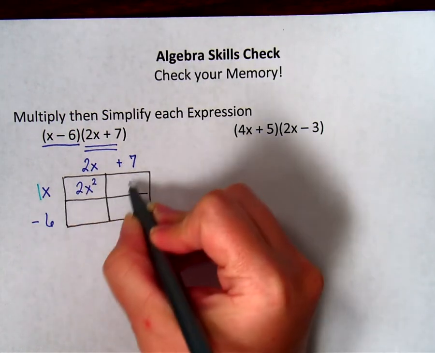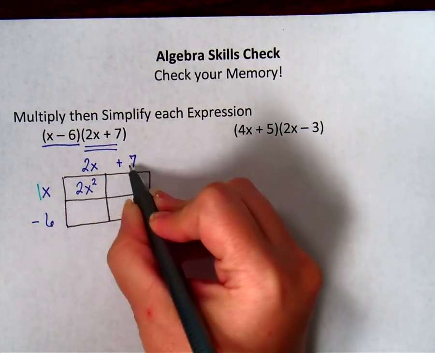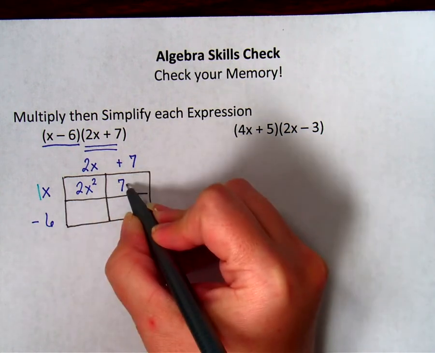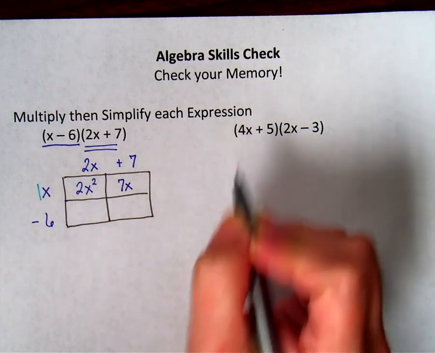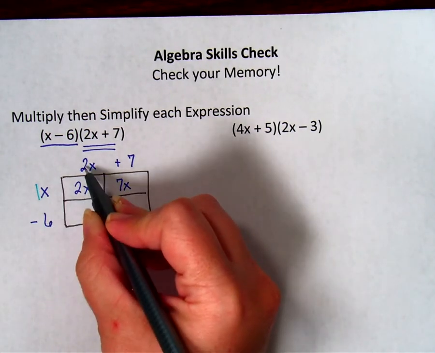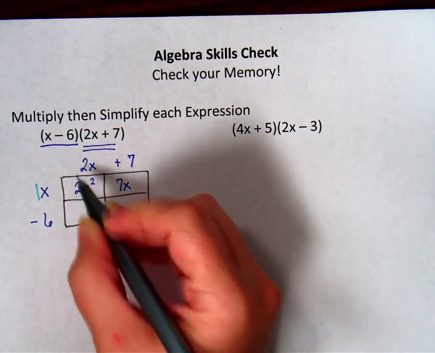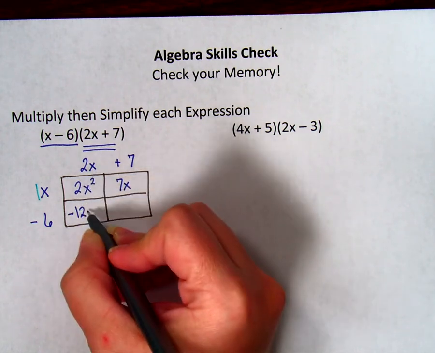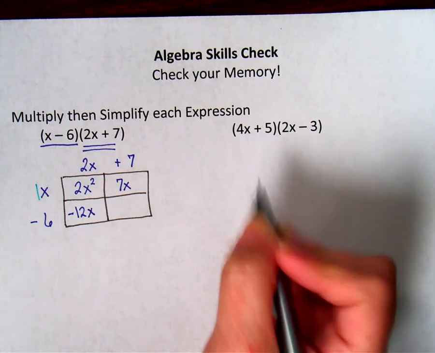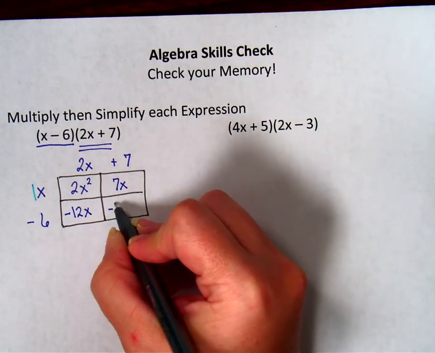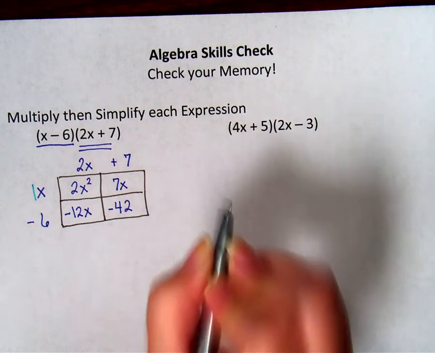Then I have 1x times 7, so the 1 times the 7 is 7, and there's no x there, so it's just times x. Okay, then I'm going to go to my second row. Negative 6 times 2x. So negative 6 times 2 is a negative 12. There's no x here. There is one here, so it stays there. Negative 6 times a positive 7 is a negative 42.